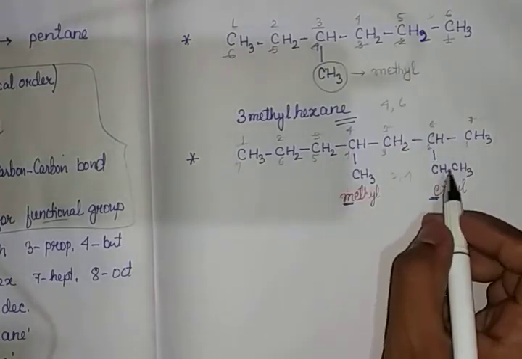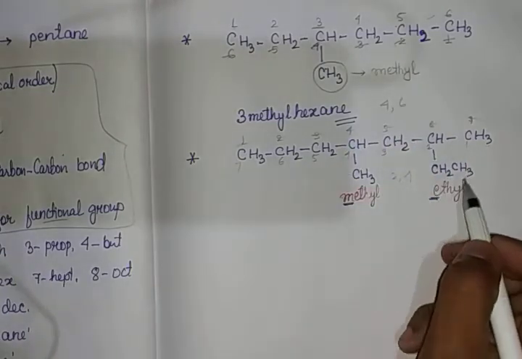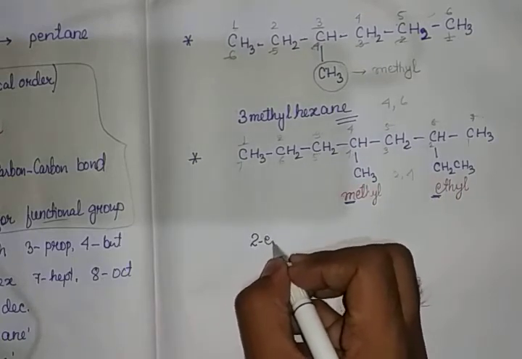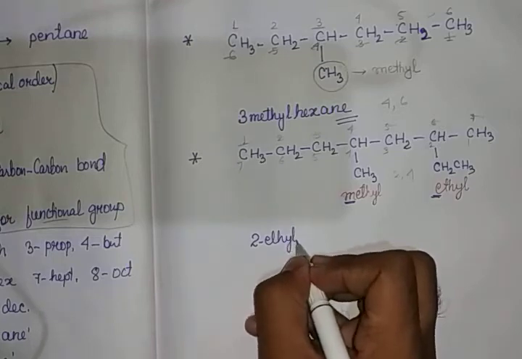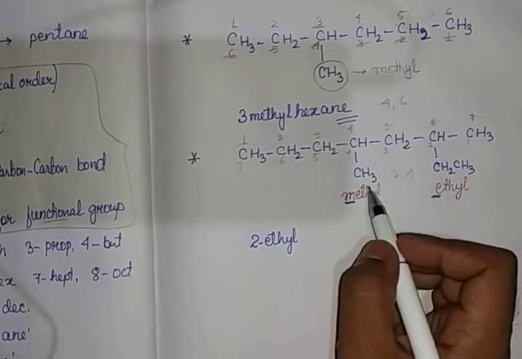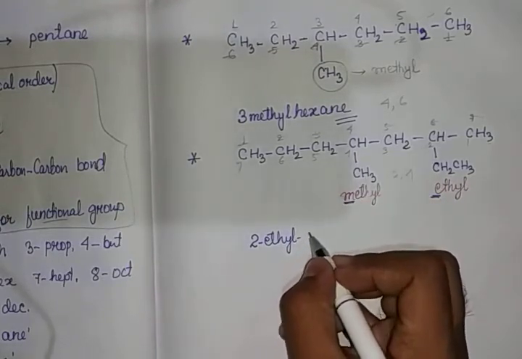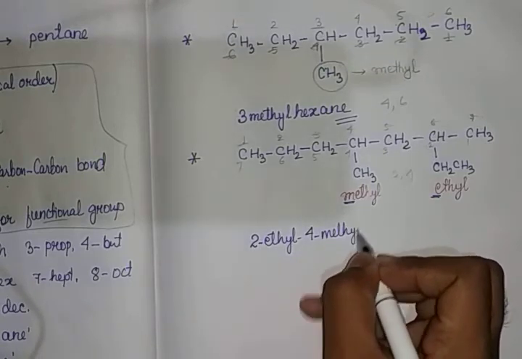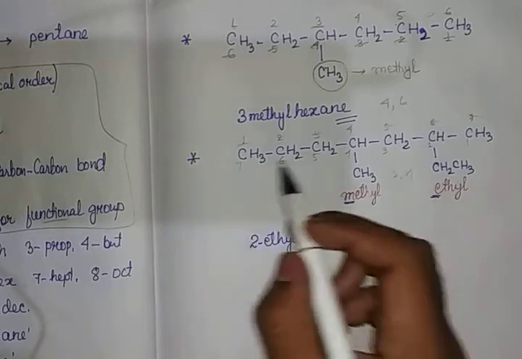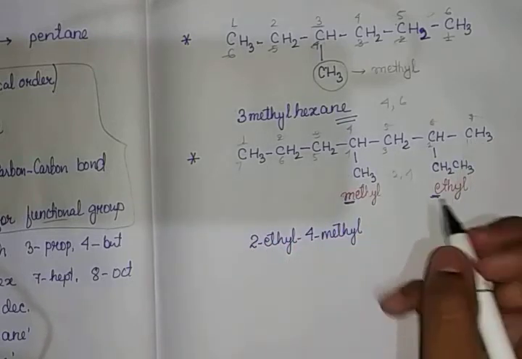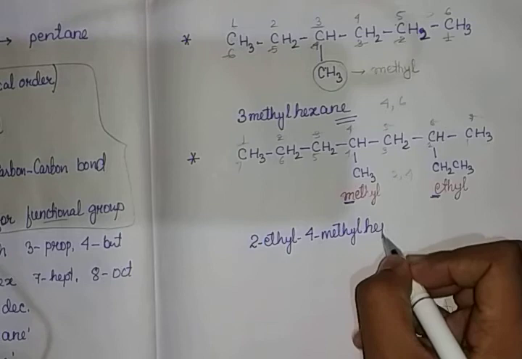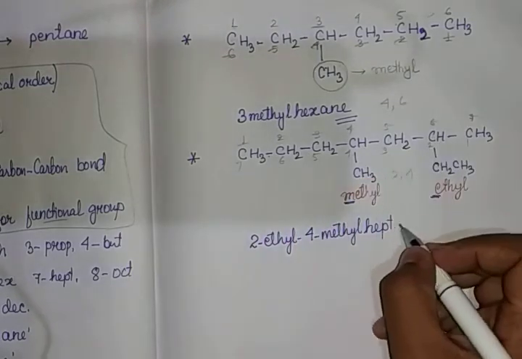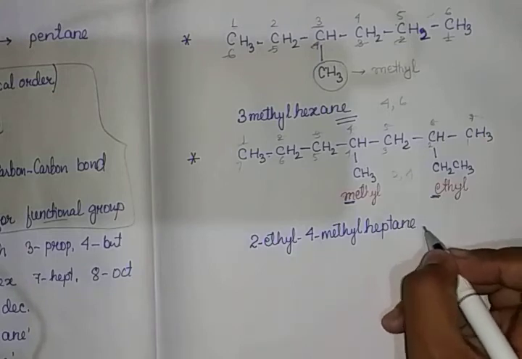So the naming will be done as, what is the position for our ethyl? That is 2. Then it will be 2-ethyl. Then another substituent is at 4th position. 2-ethyl, 4-methyl. After that, carbon root. Total number of carbon is 7. So it will be hept. All the bonds present are single bonds. So that will be heptane.